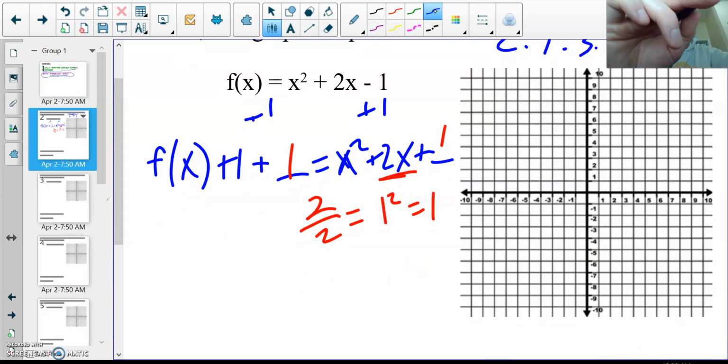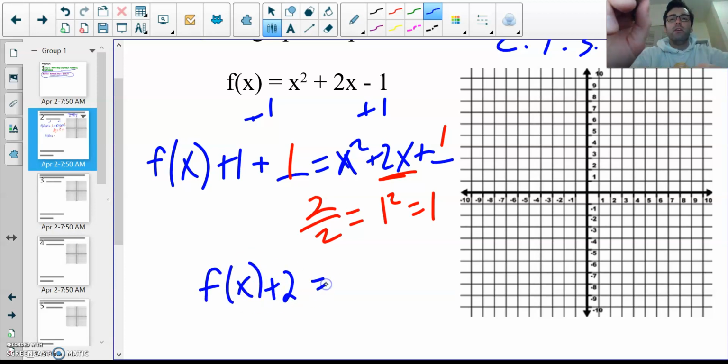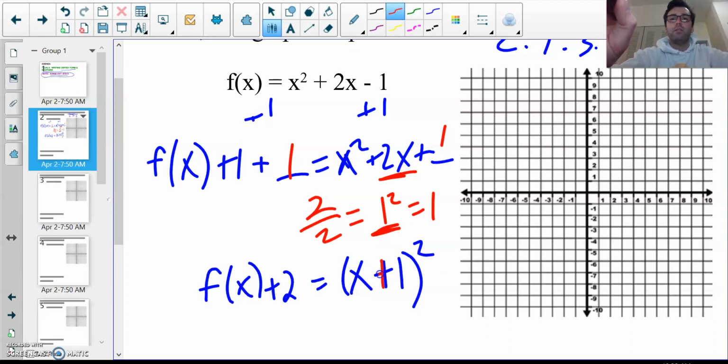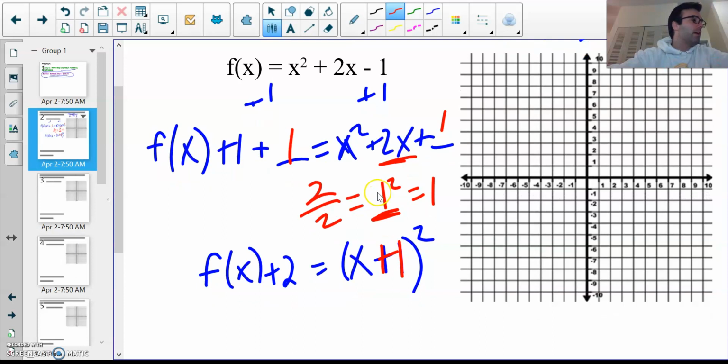All right. Now, after that, I'm going to combine my like terms. F of x plus 2 equals x plus 1 squared. Where did that plus 1 come from? Well, the plus 1 came from right here. It's positive because the 1 here is also positive. Okay.